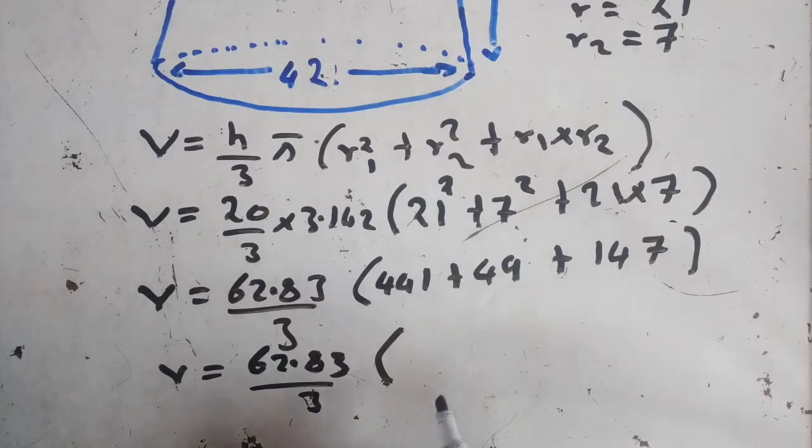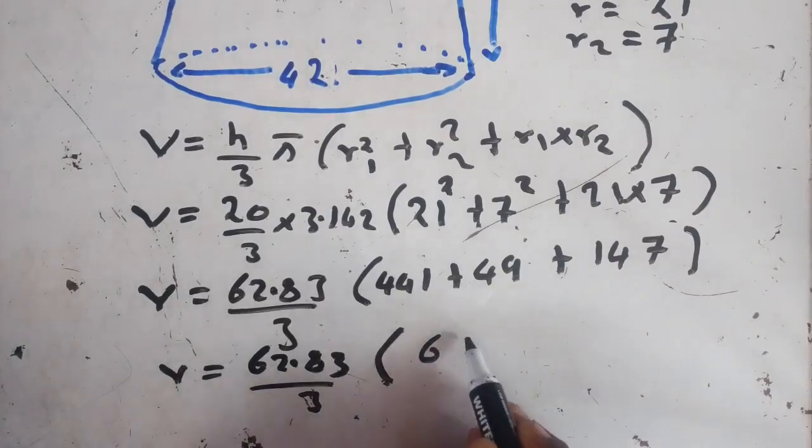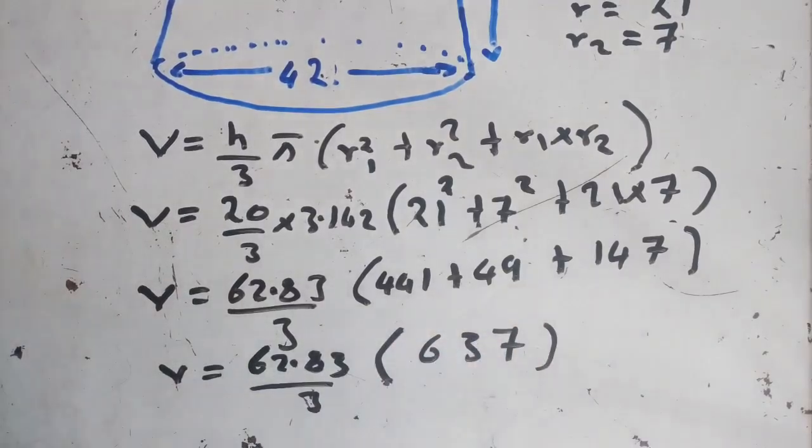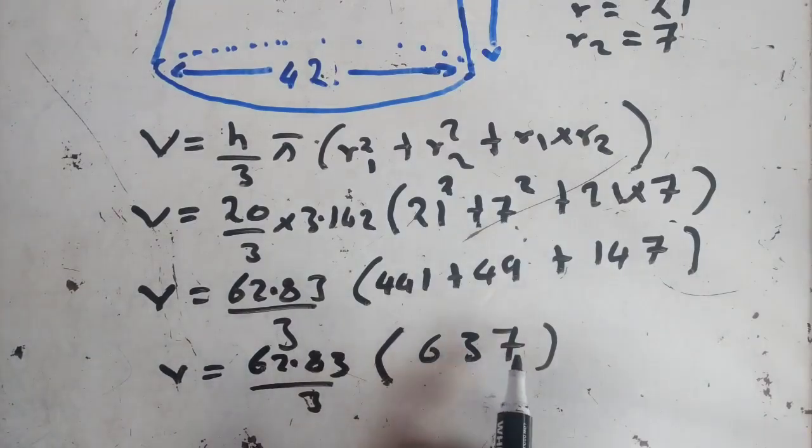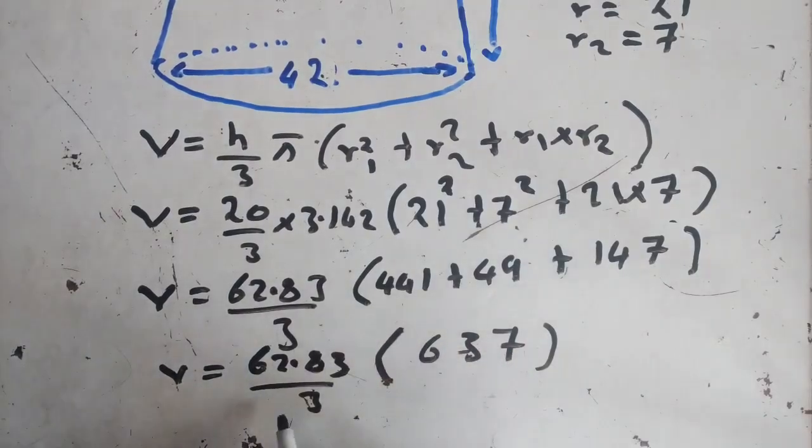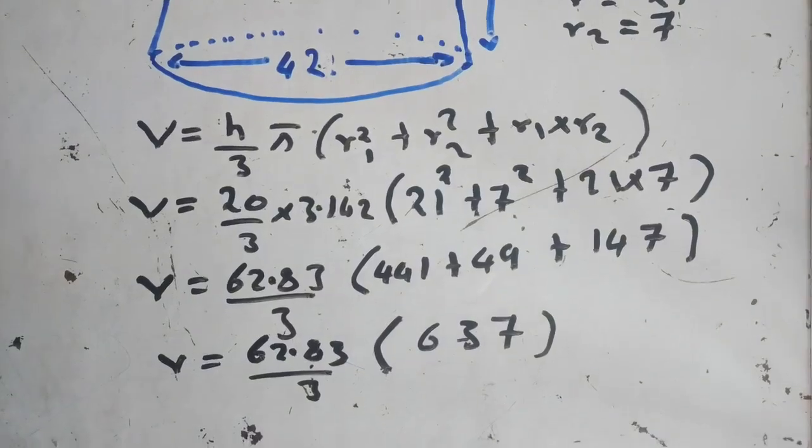It will give you 637. Then here you can just divide by 3, or if you want you can do 637 divided by 3, then multiply by this.